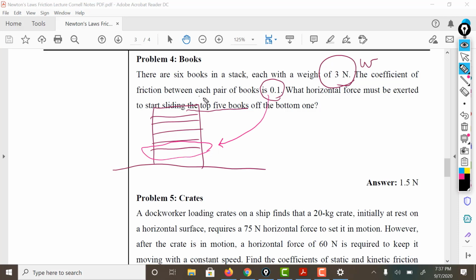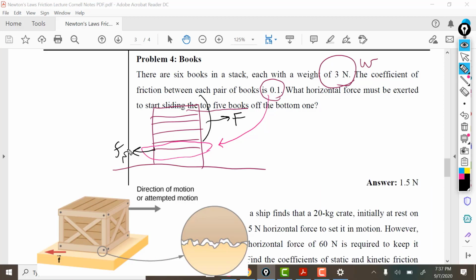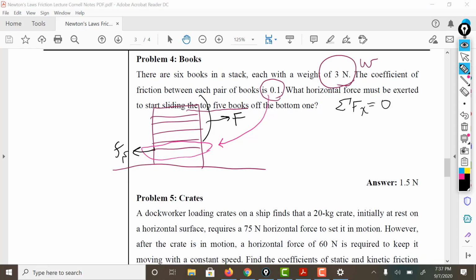So what we're talking about is what kind of force I have to apply to these books to overcome this friction. And by the way, it hasn't started moving yet, so this is static friction. Since it hasn't started moving yet, this is an example of Newton's first law. I have a force going to the right, and I have a friction going to the left.